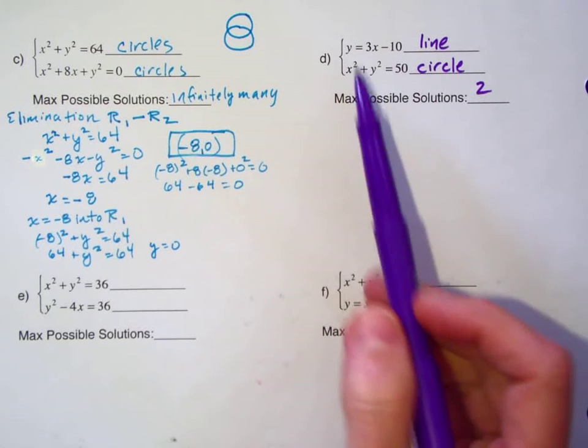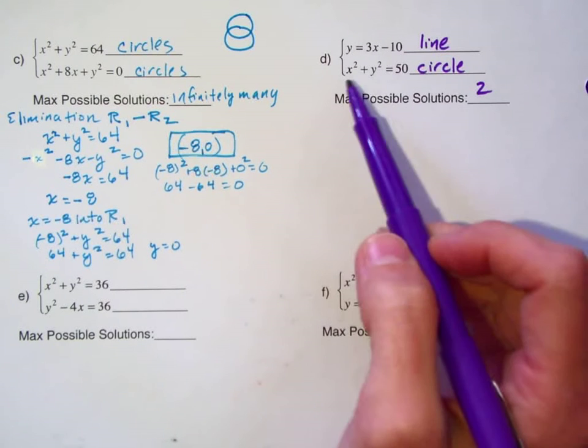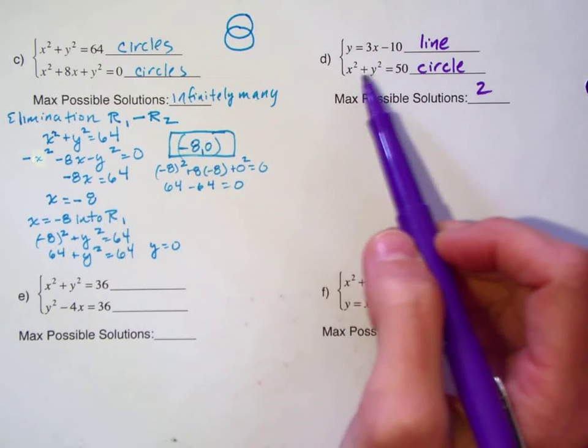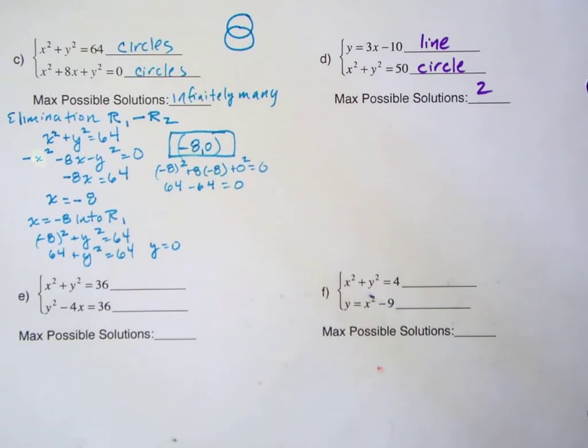For this one we really can't pick elimination. The reason why we can't do elimination here is because we have a combination where we have x squared and y squared, but in the other one we have a y and an x, so we actually don't have common terms in both equations. So elimination is not a great choice here.